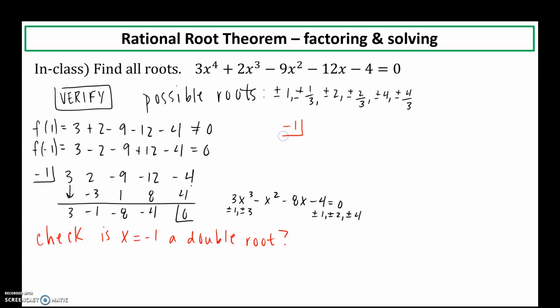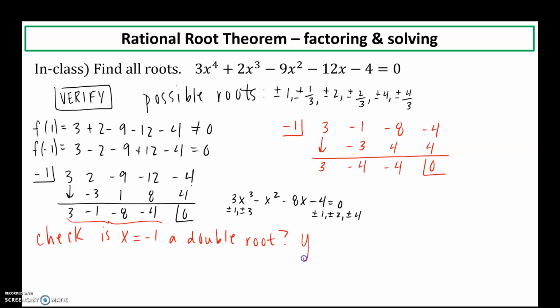So let's check a double root. Just remember, we took the coefficients of our quotient. So 3, negative 1, negative 8, negative 4. Bring down, multiply, add, multiply, add, multiply, add. So is x equals negative 1 a double root?